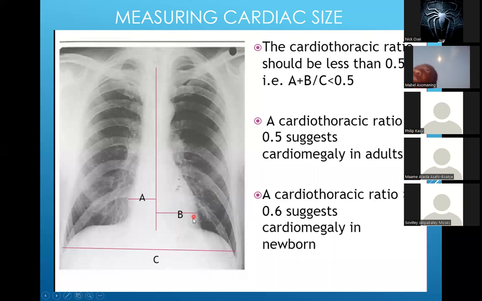So you realize that on the left border of the heart, the longest diameter from the midline is not here, and it is not here, but it is rather here. This is the longest border. Do you get it? So you measure the longest. That will be one of your numerators. Then you measure on the other side too, the longest diameter of the border of the heart to the midline.